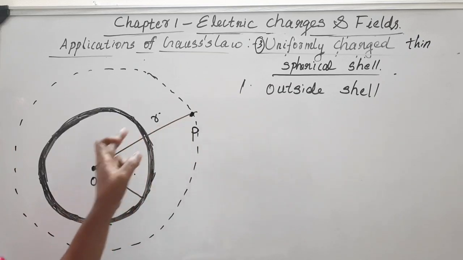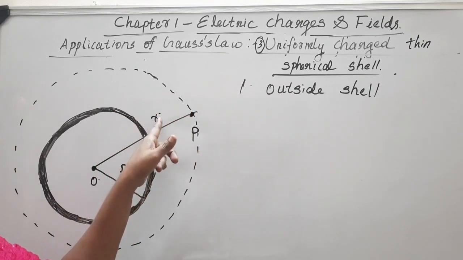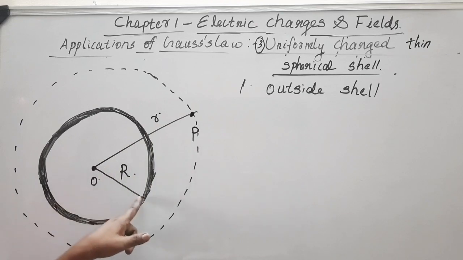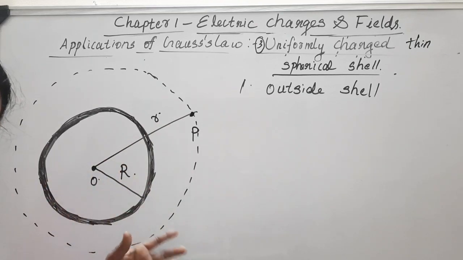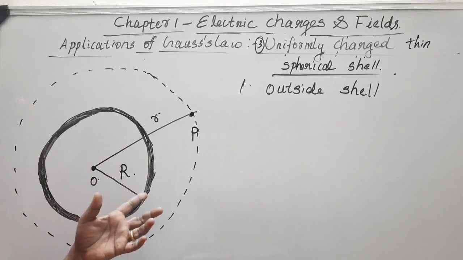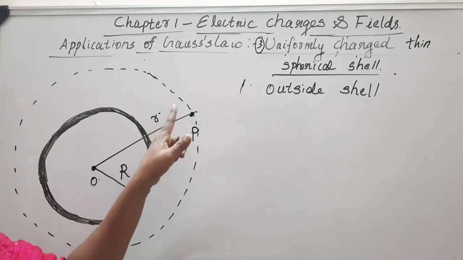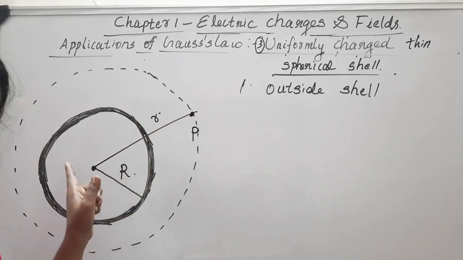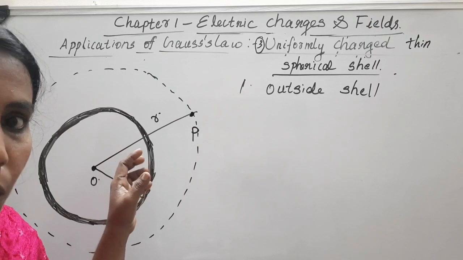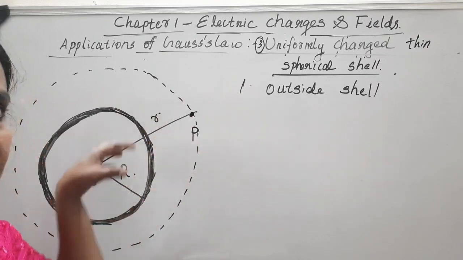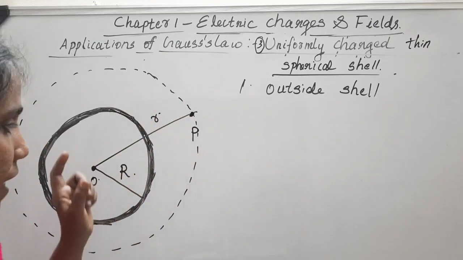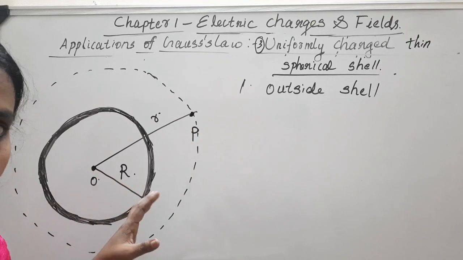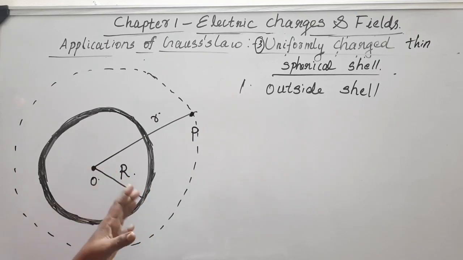The radius of that Gaussian surface is small letter r, and the radius of the spherical shell is capital letter R. Don't get confused. Small letter r is the distance of the point P from the center of the spherical shell, so it is actually the radius of that Gaussian surface. And capital letter R stands for the radius of the spherical shell.